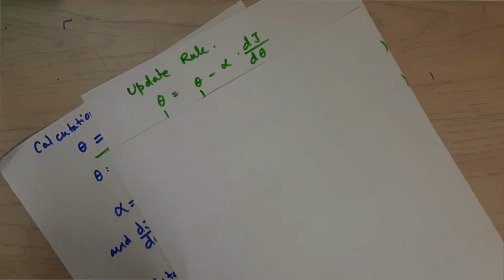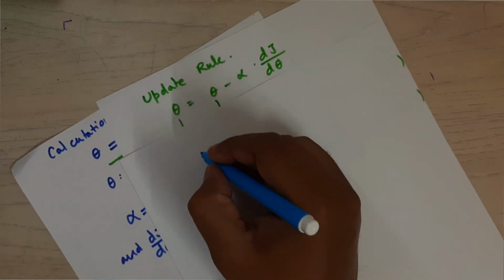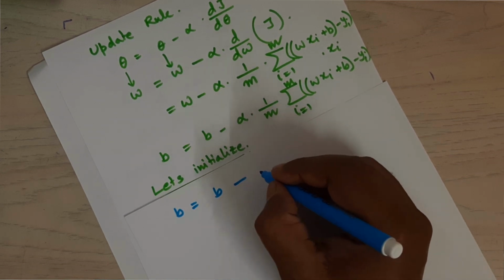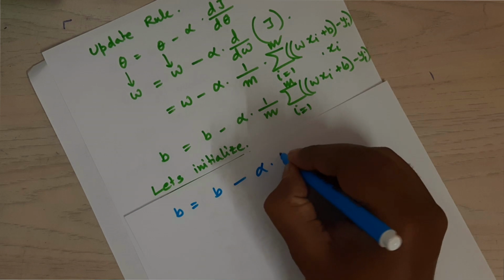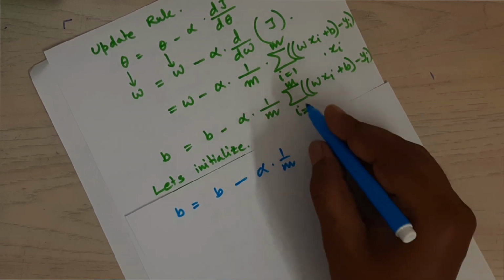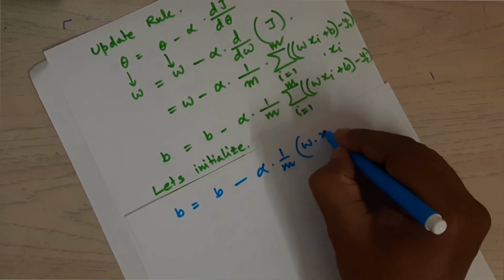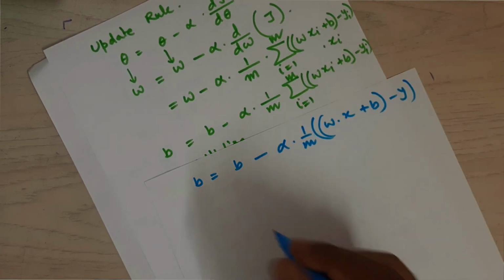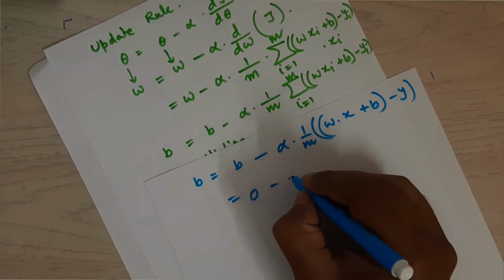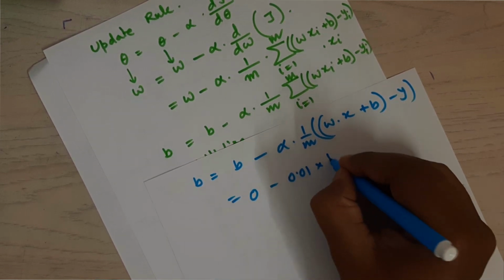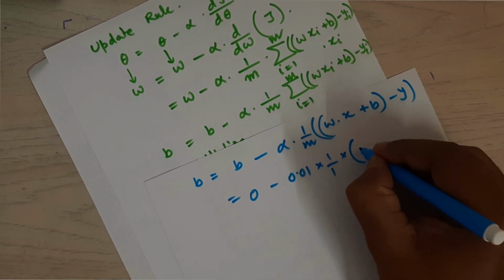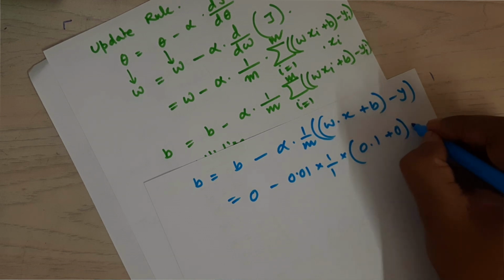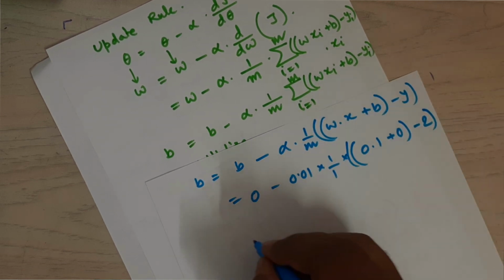Same way, if we calculate b, taking this, bias is equal to bias minus alpha into 1 by m. Now batch size is equal to 1. So that will be w into x plus b minus y, right? So putting the values, b is equal to 0, alpha is equal to 0.01, m is equal to 1, and then w is equal to 0, x is equal to 1, b is equal to 0, and y is equal to 2.